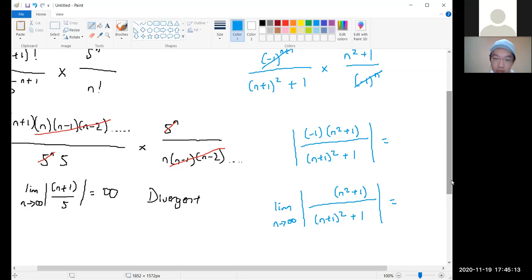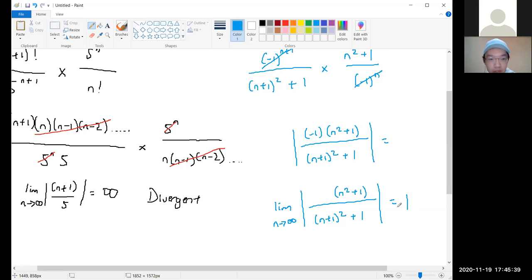In terms of the same power. Yeah, so the numerator has a degree of 2, and when you multiply out the denominator, you also have a degree of 2. So they have the same degree on the top and bottom, which means you can just take the coefficients, right? So the coefficients will end up being 1 over 1, which will just be 1. So here the limit is 1.